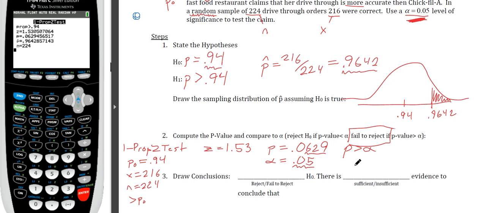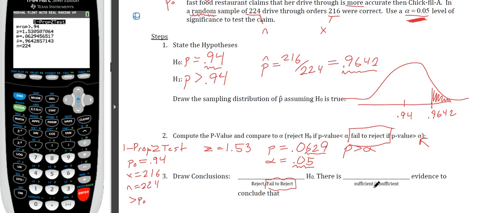Make sure you do know the direction, because it is most likely in cases like this that you will not be given this parentheses hint that you reject if the p-value is less and you fail if the p-value is too big. So in this case, p-value is too big, we fail to reject the null hypothesis.